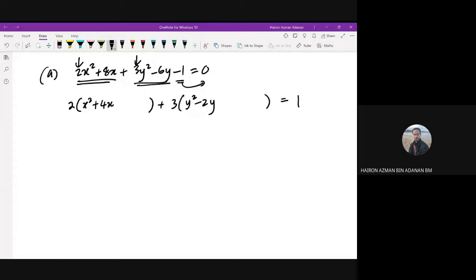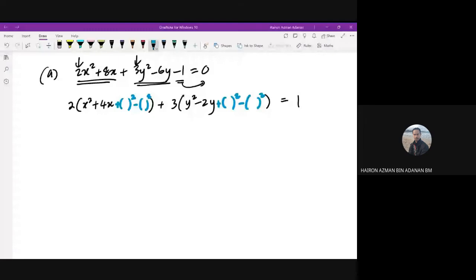First step, is it okay? For completing the square, just refresh from your SPM and last semester, I taught you how to do the completing the square method. First step, we factorize, making the coefficient 1 for x squared and y squared. Next step, we add plus and minus inside each bracket. What value do we put inside the bracket?